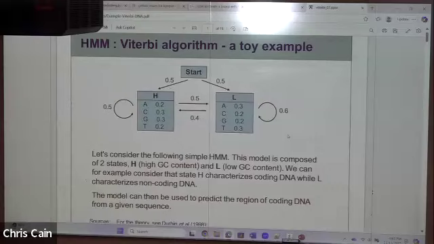So we have two states, the high and low, and we see an associated transition probability between high and low. So this is the history that we know based on the evidence. These are the associated transition probabilities.